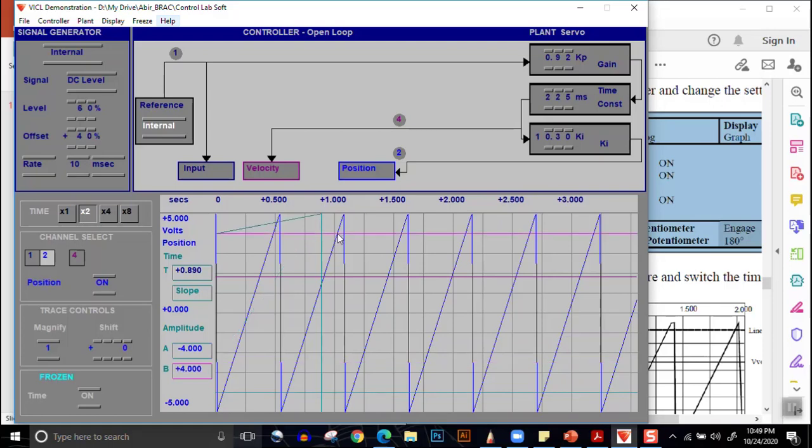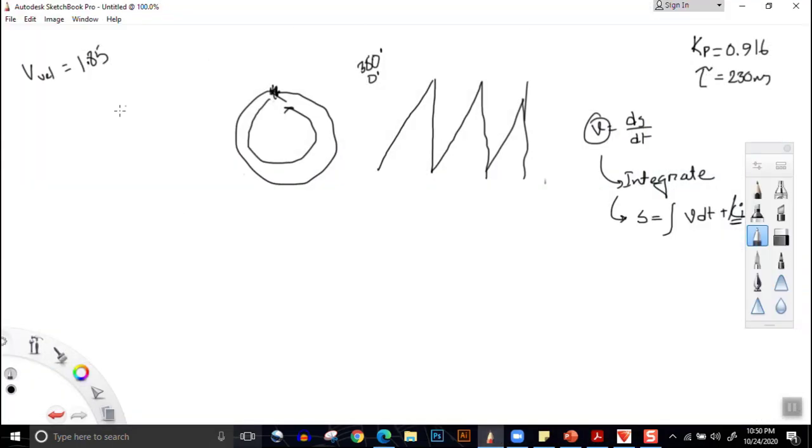So A is taken to minus 4 volts and B is taken to plus 4 volts. Then we need to take the time of B. The time of B is 1.025. So let's note it down. Time of B is equal to 1.025.